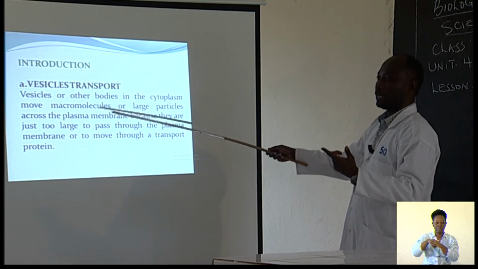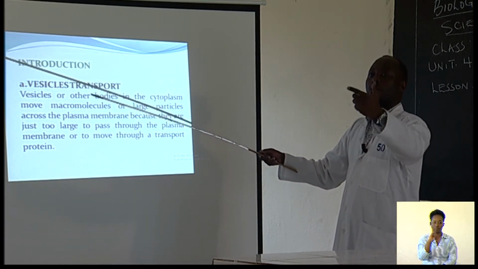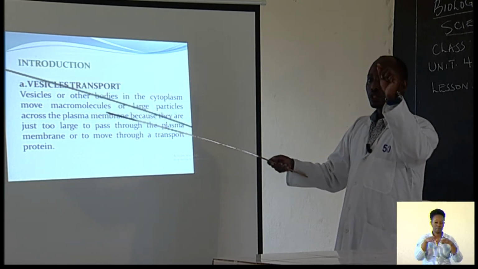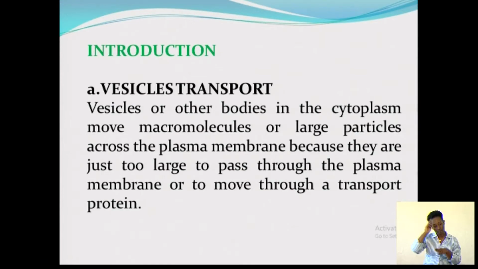And that plasma membrane must be partially permeable, able to allow some molecules to pass through. I think, students, you do remember what a semi-permeable membrane is. What is a semi-permeable membrane? And what is a selectively permeable membrane? Semi-permeable means some molecules can pass through.